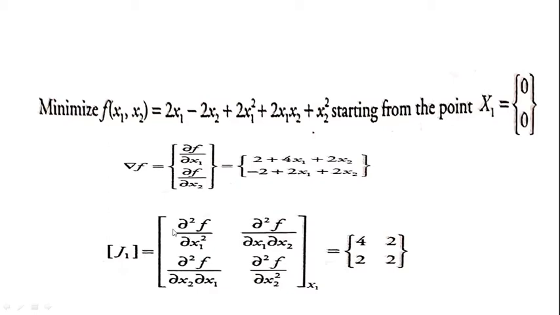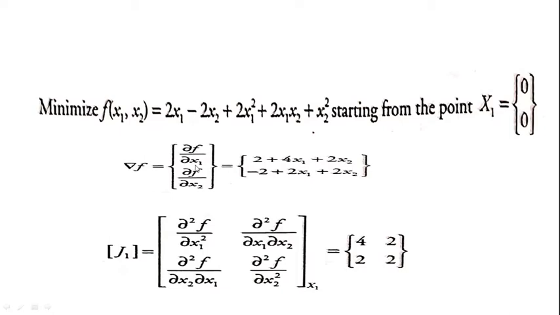That means in the first row we differentiate this function with respect to x1 two times, and in the second term we first differentiate with respect to x1, and whatever answer we get, we again differentiate with respect to x2. In the second row, first we differentiate with respect to x2 and then x1, and the last term we differentiate function f with respect to x2 two times.